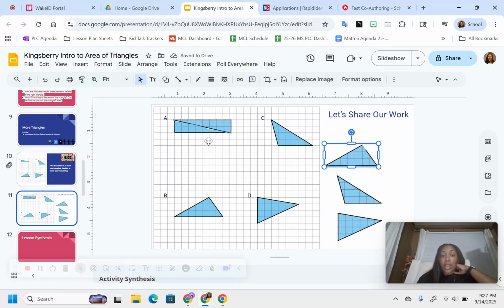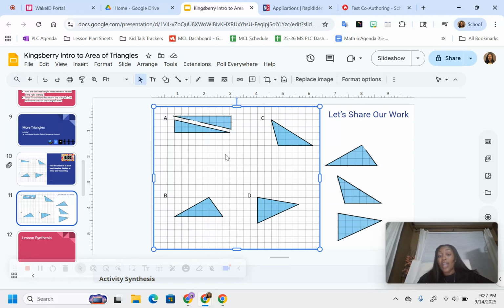If I want to find the area, I can use the same formula, base times height. Well, I see that the base is 1, 2, 3, 4, 5, 6, 7, 8, and the height is 1, 2. So if I multiply the base, that's 8, by the height, that's 2, that means the parallelogram would have an area that's 8 times 2, which would be 16.